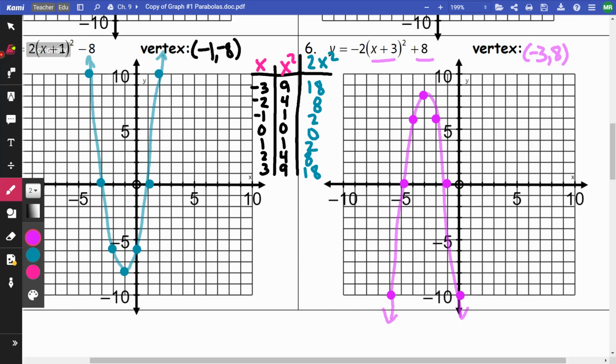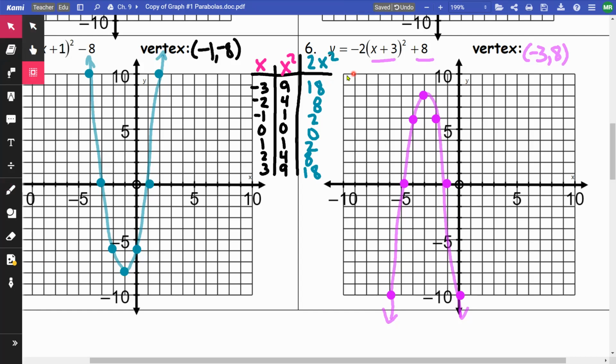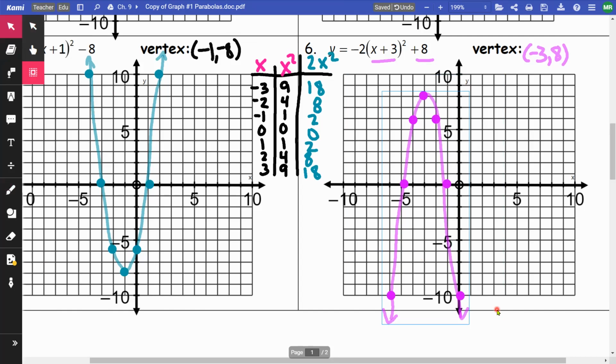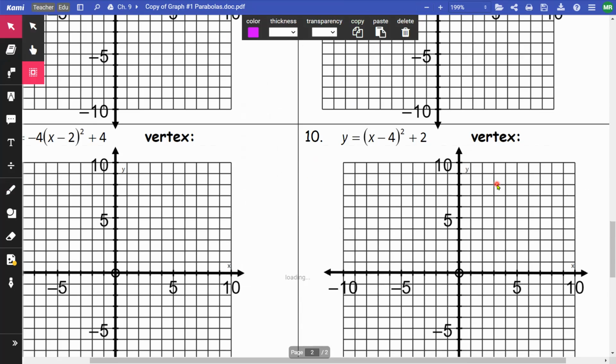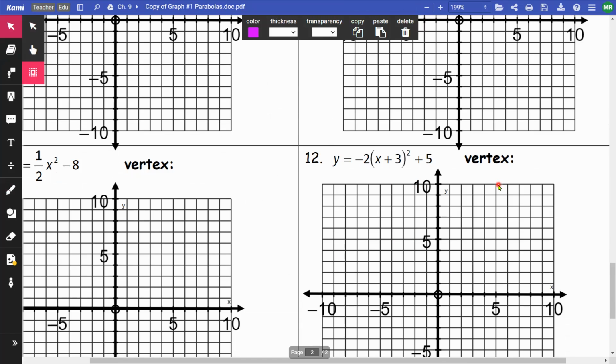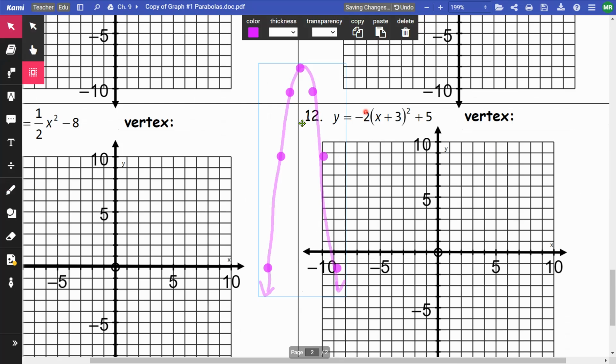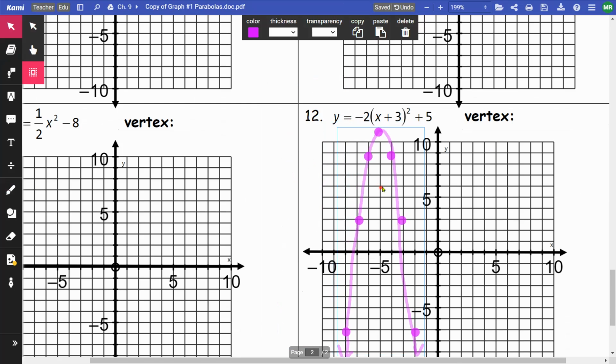So if I was to take this graph, for example, and look at this one here, my vertex here is going to be at -3, 5. So I'm going to go to -3, 5. Let me just move this.